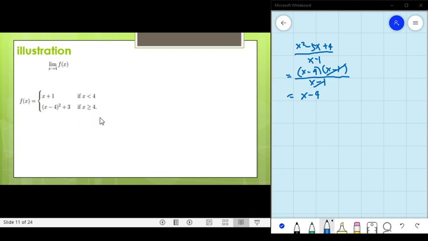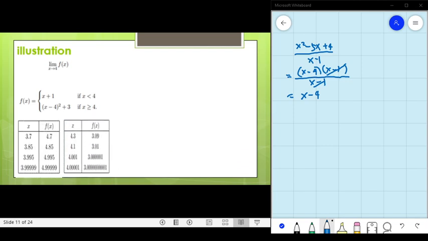So first we assign values from the left and from the right. So when x is 3.7 or 3.85 or 3.995, 3.999 and so on.